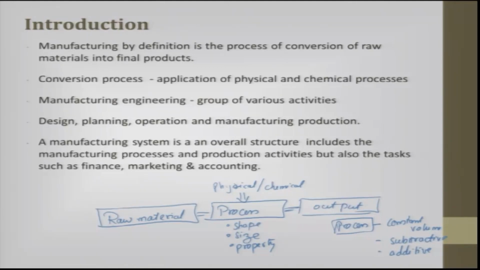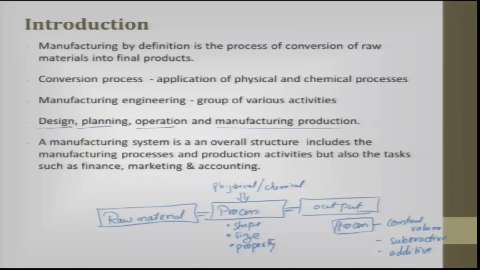So, it is not only converting the physical product, it also involves other organizations or departments in developing a product, wherein design plays a very important role, planning, operation, and then comes manufacturing production to make a product. You should understand all these things when you are trying to do a product design.